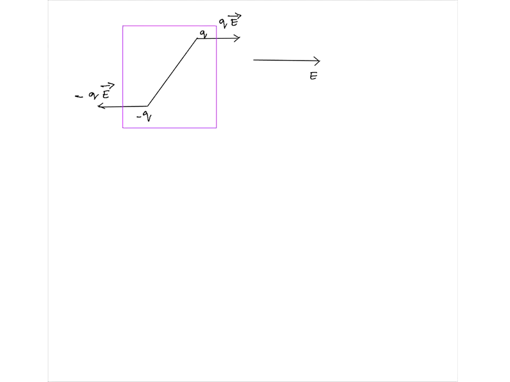And if a system does not experience net external force, then the center of mass of the system cannot accelerate. Center of mass of the system is here. That won't accelerate. So it will just be there, center of mass. It won't move at all.